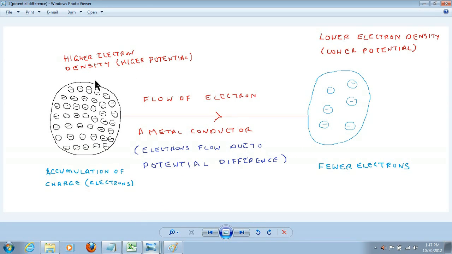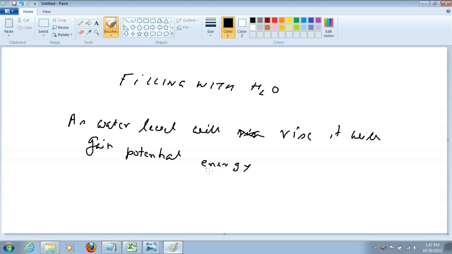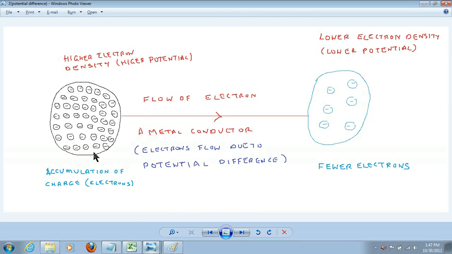Imagine one object or reservoir on the left hand side which has lots of negative charges, and one reservoir on the right hand side which has very few negative charges. Now what is going to happen?